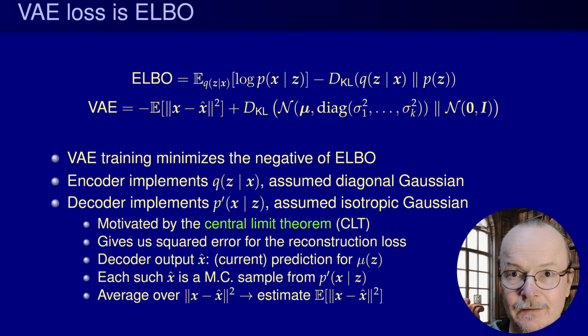Recall that the central limit theorem states that the sum of many independent random variables tends to be normally distributed, supporting why this assumption often holds in real-world scenarios.